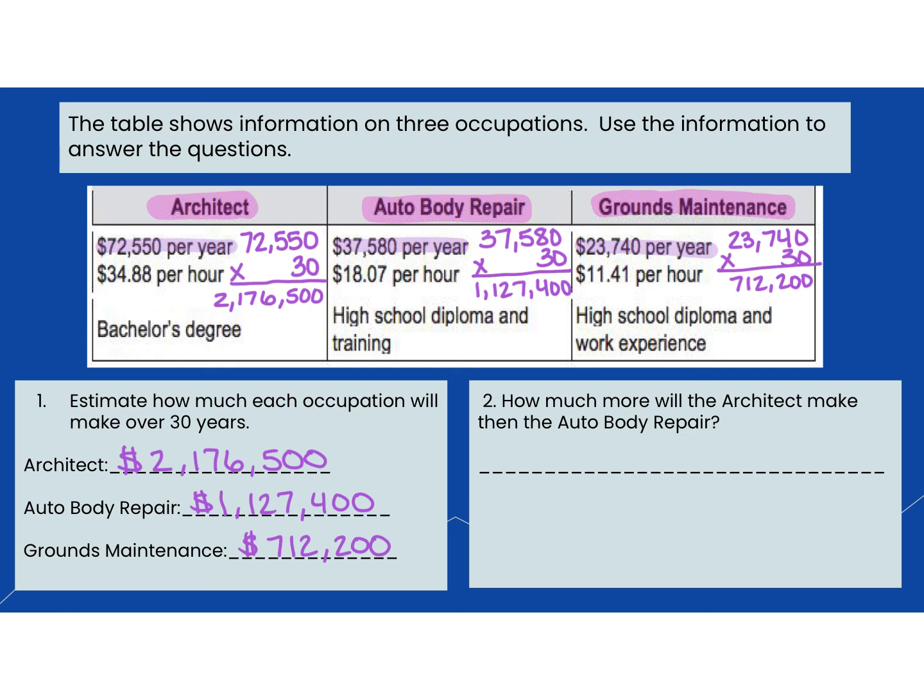We'll write the architect's salary first, $2,176,500, and subtract the auto body repair salary from it, $1,127,400.